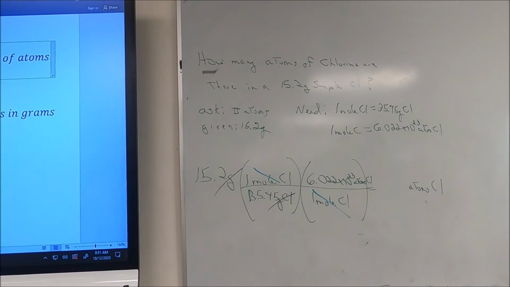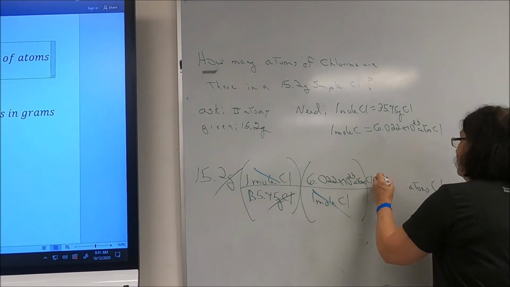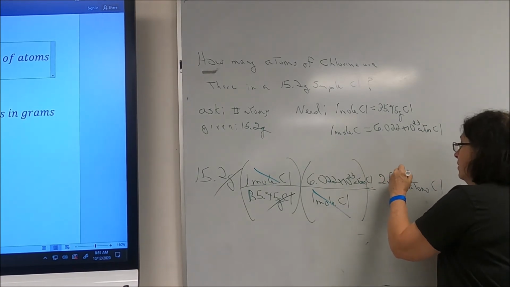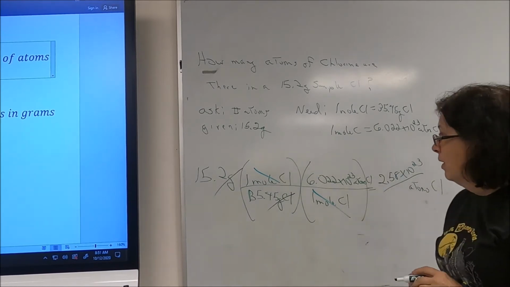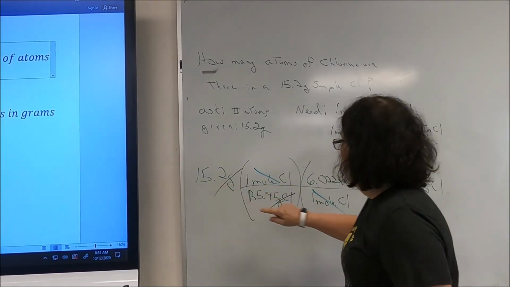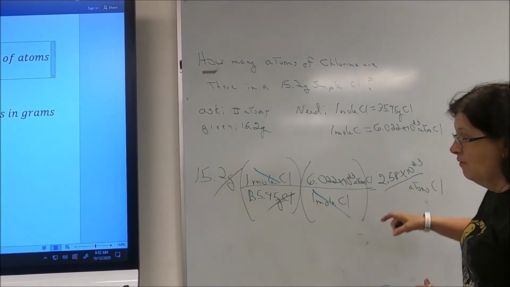So 15.2 divided by 35.45 times 6.022 exp23. I get 2.58 times 10 to the 23 atoms of chlorine. 3 significant figures here, so 3 significant figures here.